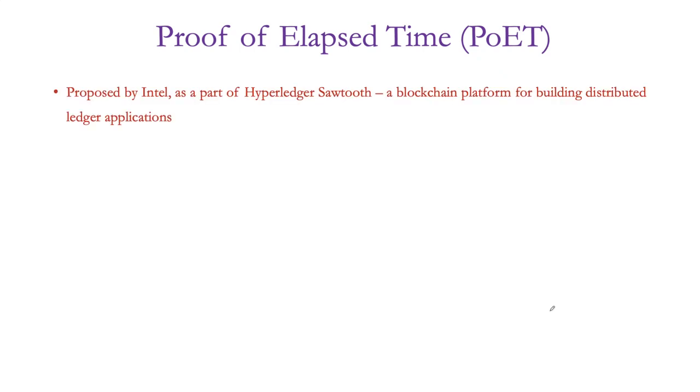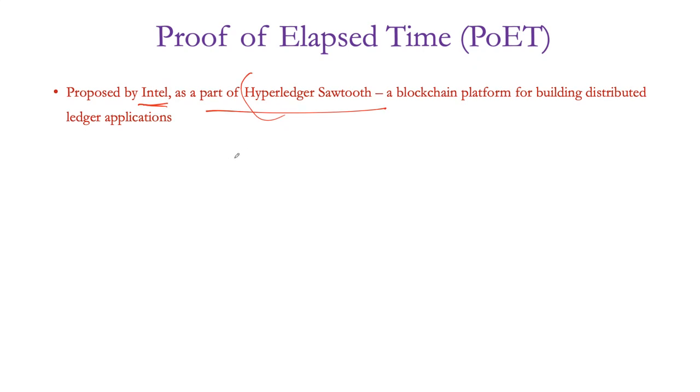Another variant of proof of stake is proof of elapsed time, proposed by Intel as part of Hyperledger. When we talk about Hyperledger, we will discuss more about this.